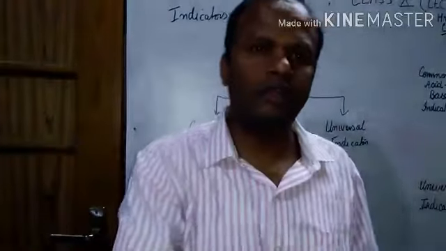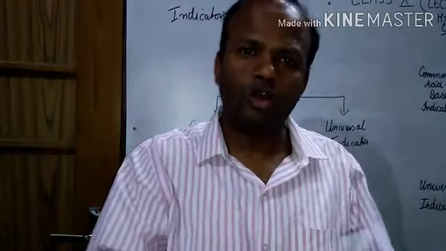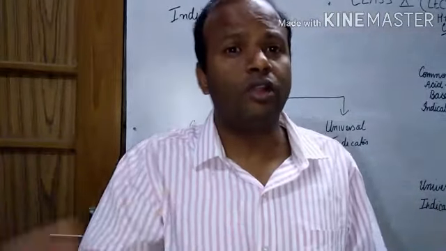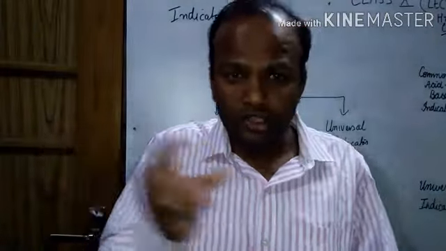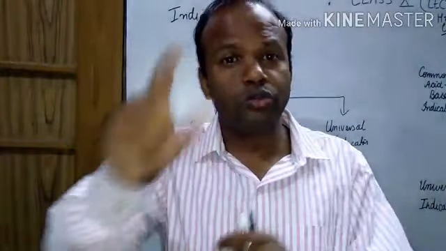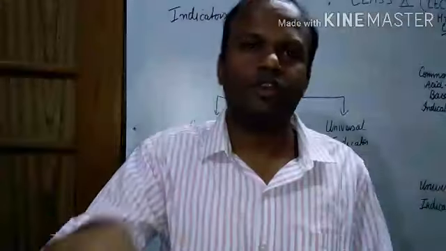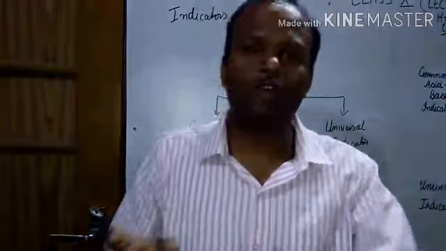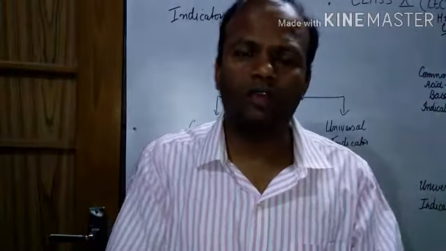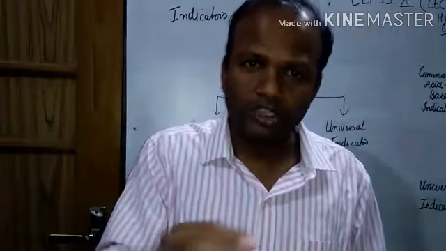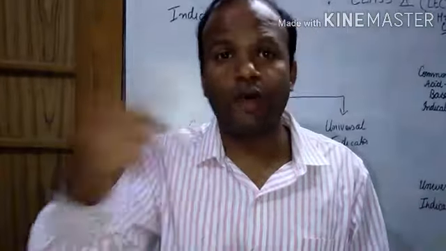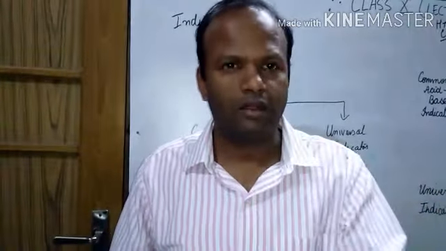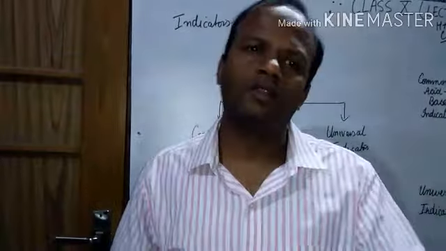When an acid or base is mixed, the H plus ion and OH minus ion increase or decrease. So there is a change in the color due to the formation of ions, or due to the increase or decrease of ions or the addition of an acid or base, whatever the condition is. This change in the concentration of ions lets us indicate through the color whether it is an acid or a base.